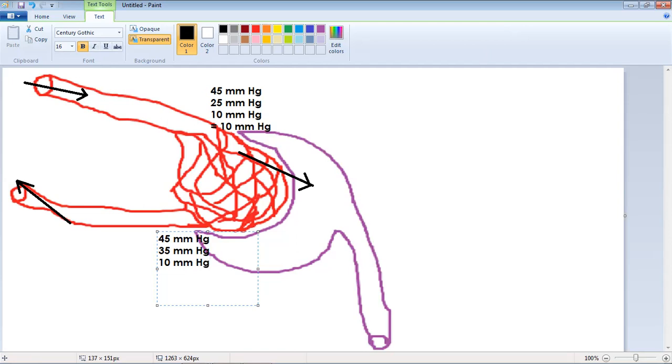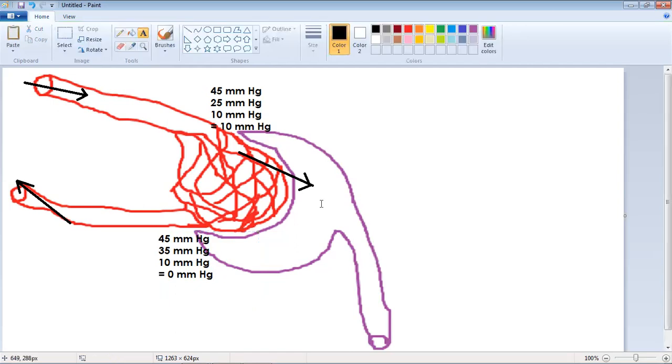Ultimately, the result is 0 millimeter of mercury. So we can very clearly see that fluid is only moving out, and no fluid is getting in.